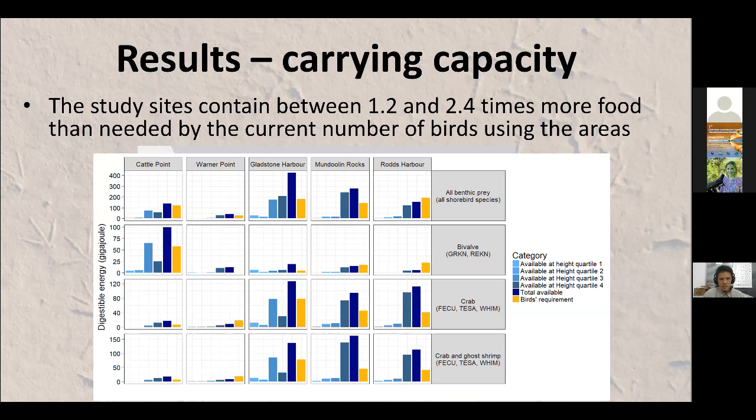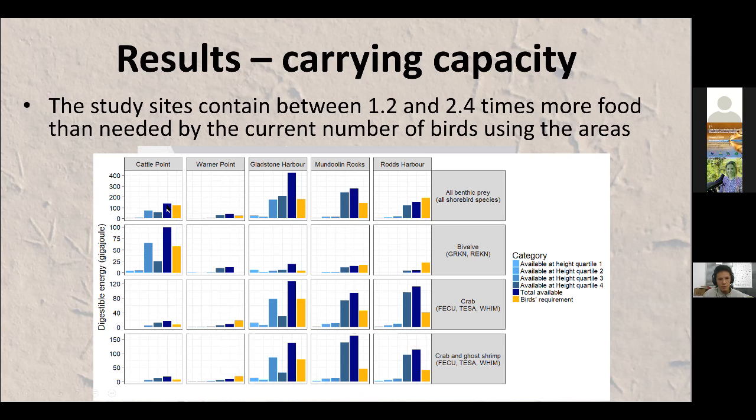And this is a slightly finer figure showing you the availability versus the demand. So in each of the small squares here, I would just use perhaps a few examples. The first 4 bars in the figure, on the x-axis, represent the food available on each of the height bands, from the upper intertidal flats to the lower intertidal flats.